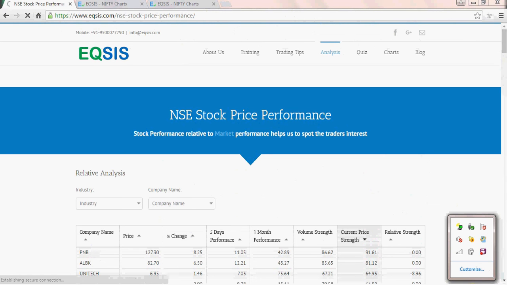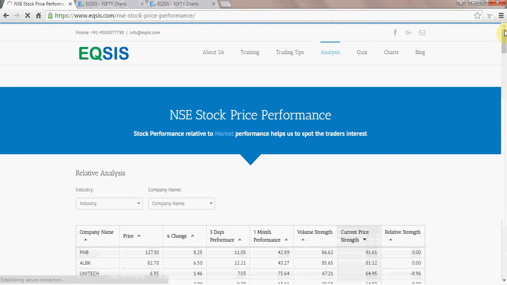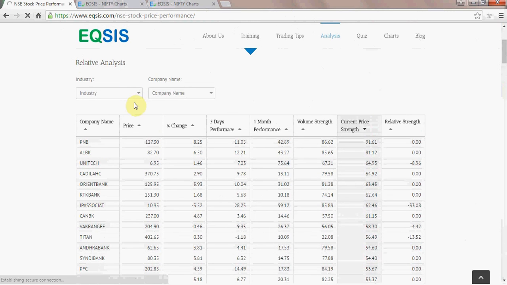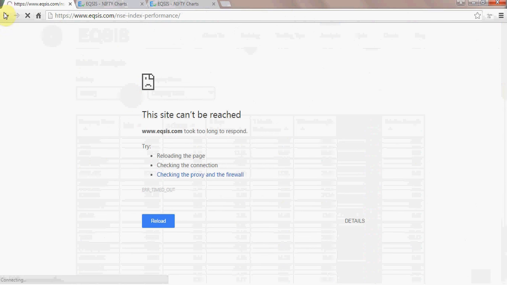So let me focus on something here. Okay, so what you can do is scroll down, and if you need to pick a stock based on the sector, it is down here.